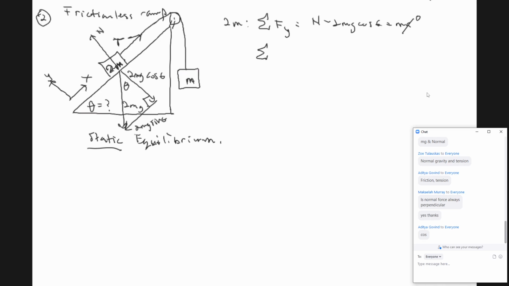Now we do the sum of the forces in the x direction. I'm going to choose 2mg sine of theta to be positive minus the tension is equal to 2m times a. By the way, this is 2m, not m. But in this case, acceleration is also equal to 0 because it hasn't started to move yet.